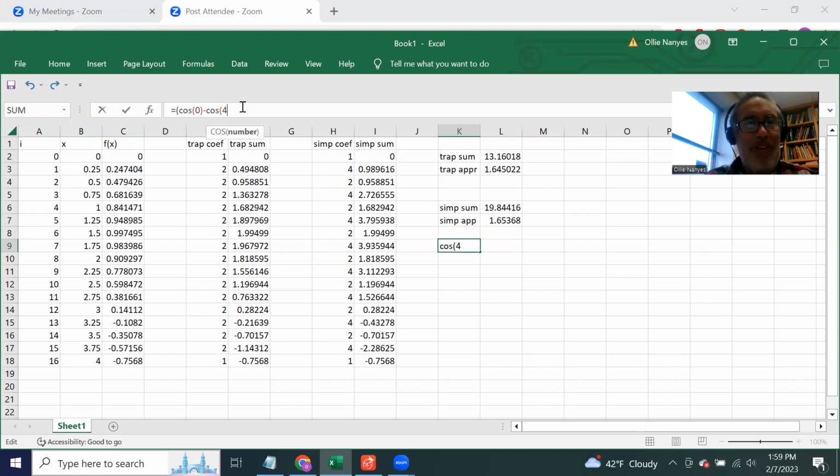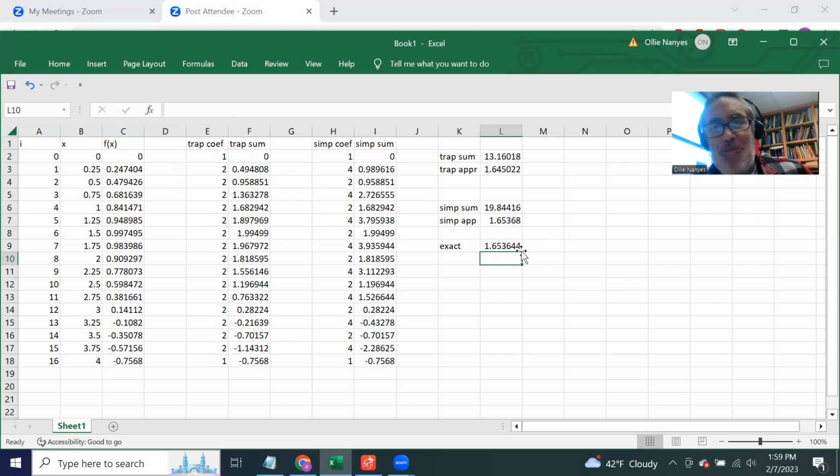Let's label this exact. I know this is a spreadsheet approximation, but it's 1, that's cosine of 0, minus cosine of 4. We can see that's the exact number, and Simpson's is extraordinarily accurate. Trapezoid's pretty accurate, but a little bit off.